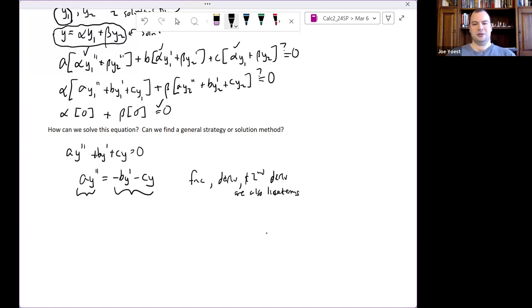If I took a guess of like y of t equals t to the fifth, well, the derivative is t to the fourth, the second derivative is t to the third, more or less. Those are unlike terms. Doesn't seem likely that something like that is going to be a good candidate function to guess for the solution of this type of equation.